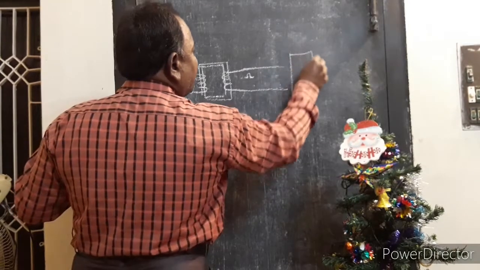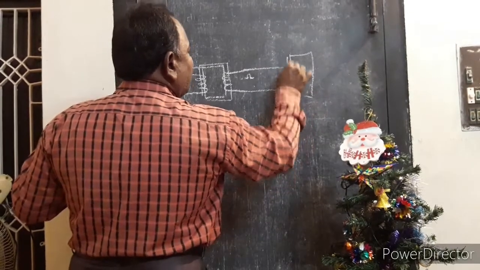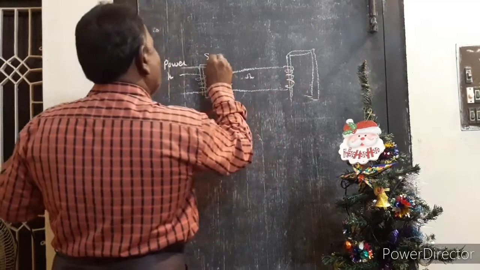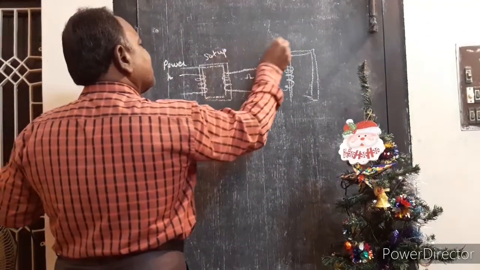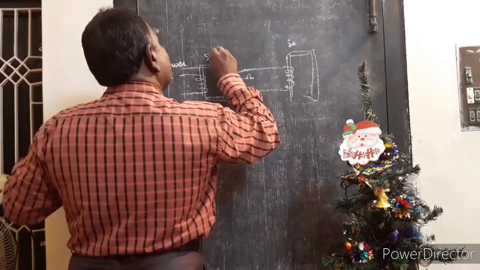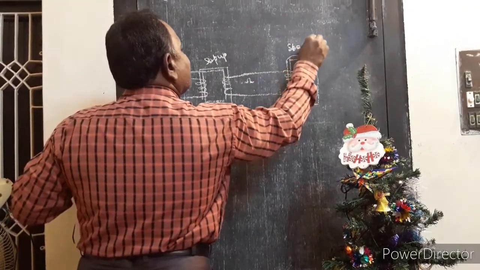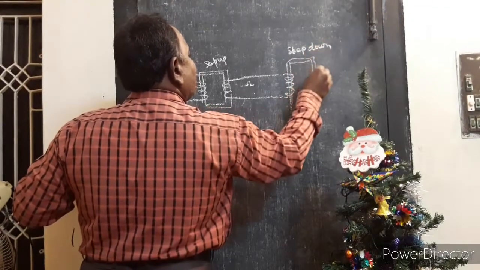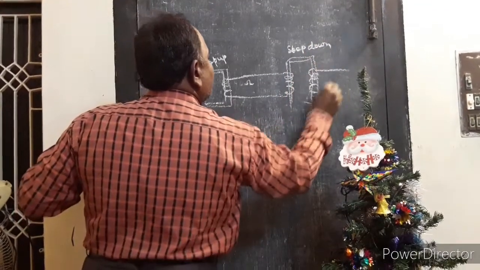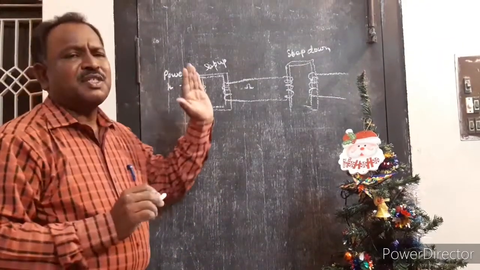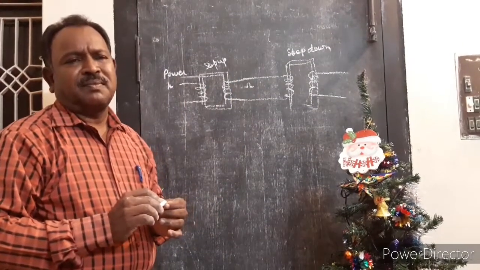At the receiving end, again it is given to a transformer. So this is the step up transformer, this is the step down transformer. Again it is stepped down. So this is how transmission is carried out.